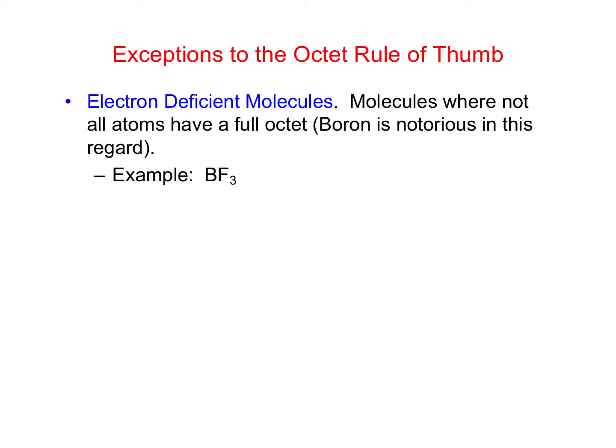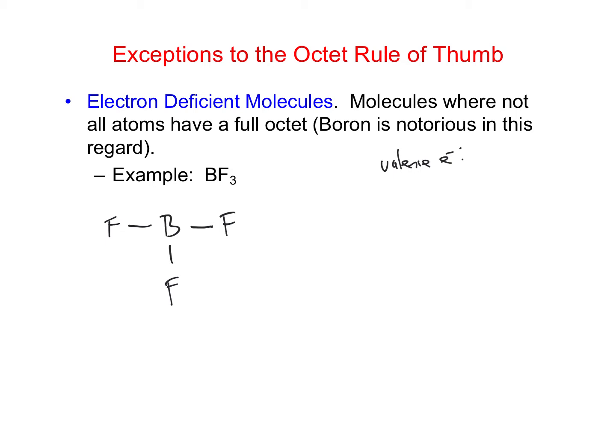Boron is certainly less electronegative than fluorine, so the fluorines are going to be arranged around the boron. When I look at my valence electrons, boron is going to give me 3. The 3 fluorines each contribute 7.